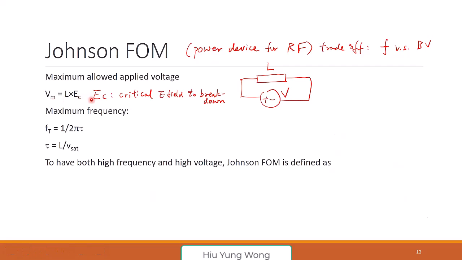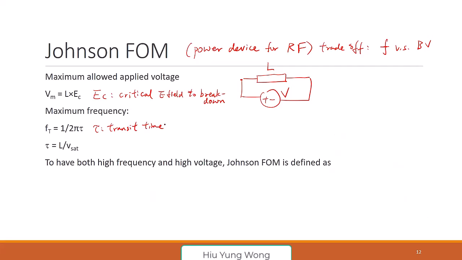Then what is the maximum frequency? We know that the maximum frequency is just 1/(2 pi tau). And what is tau? Tau is the so-called transit time.